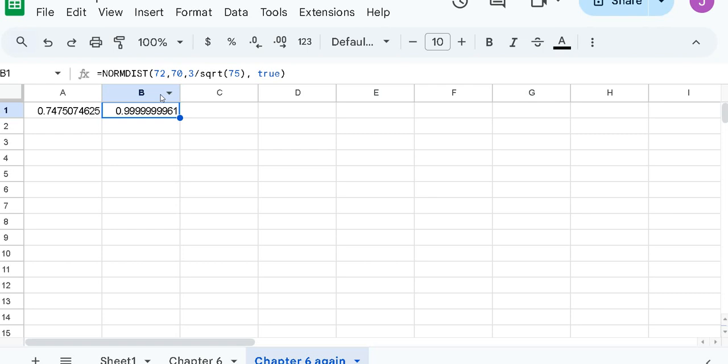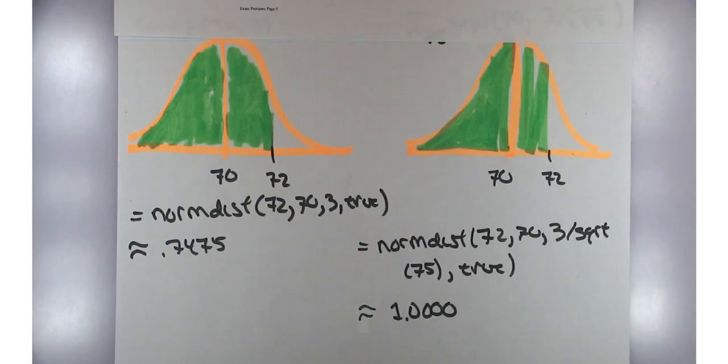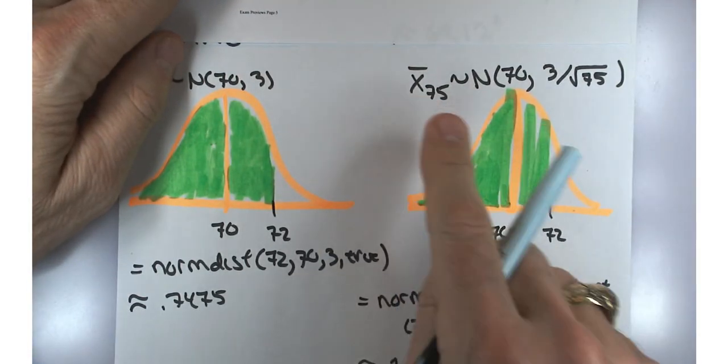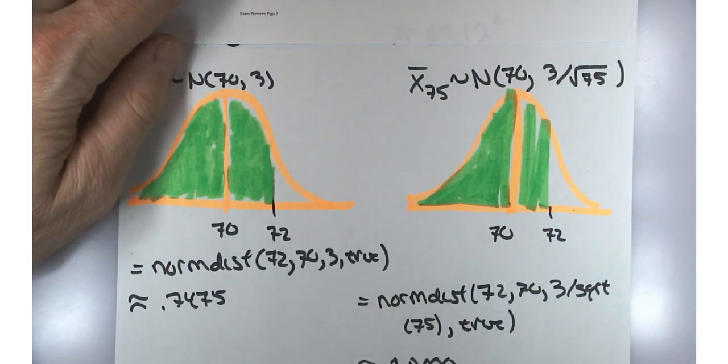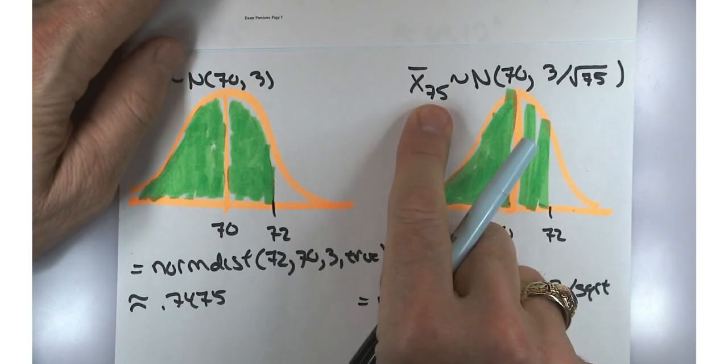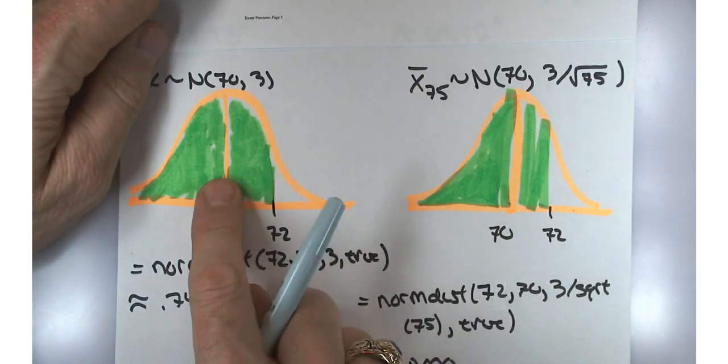I would fully expect something like that. All right. I do want you to know how the standard deviation plays a part in changing things when you're talking about the distribution of the sample mean. There's 2 conditions under which X bar has a normal distribution. Your sample size is greater than 30, or your original population was normally distributed.